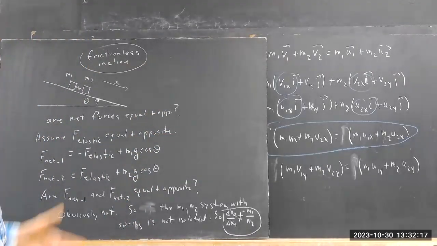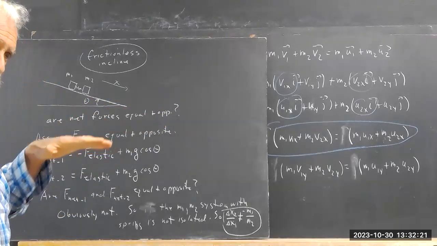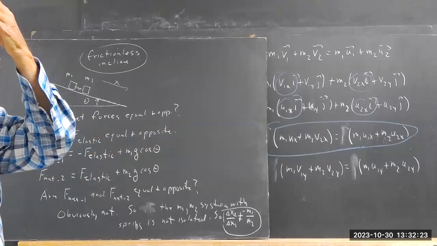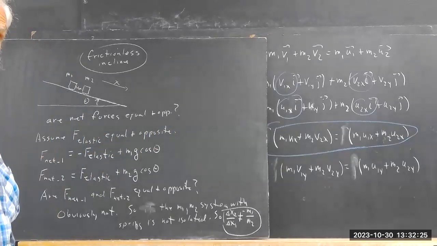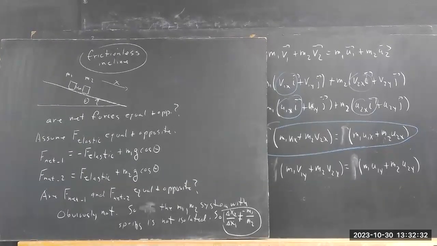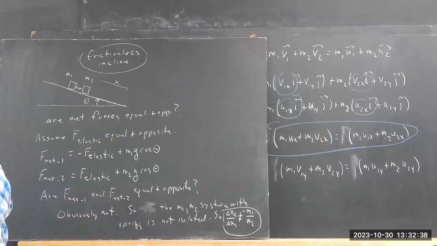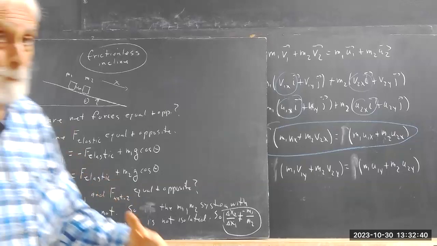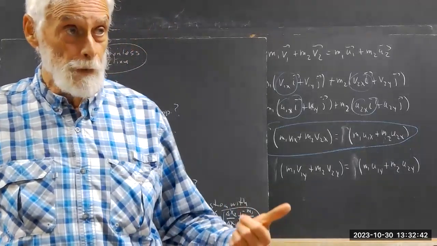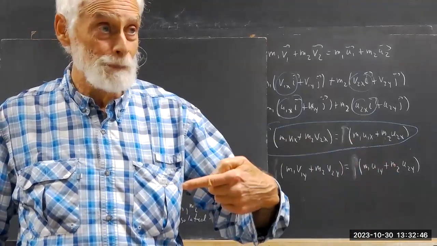Now, even if the incline is horizontal, are the friction forces equal and opposite? Well, it turns out maybe they are if the masses are the same. If you have the same mass and the same coefficient of friction, then this one's moving this way, so friction's going this way.